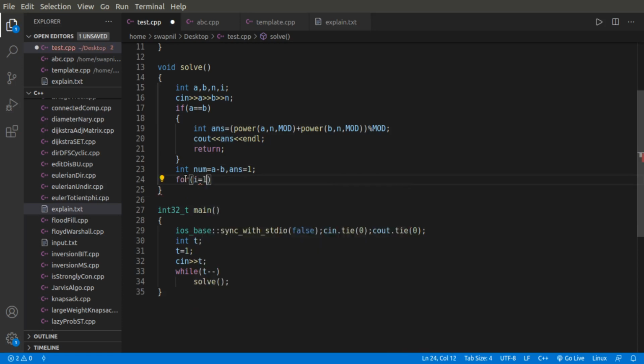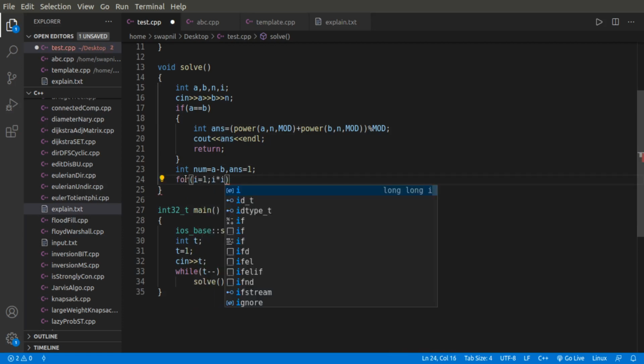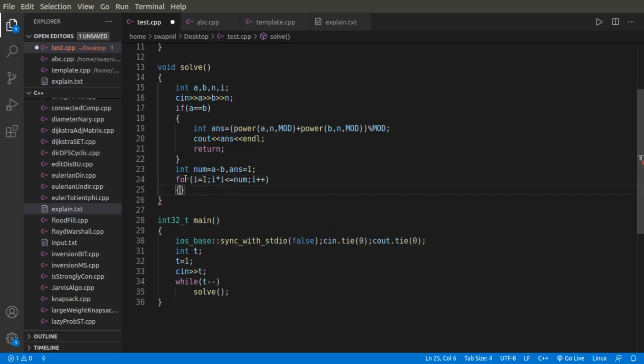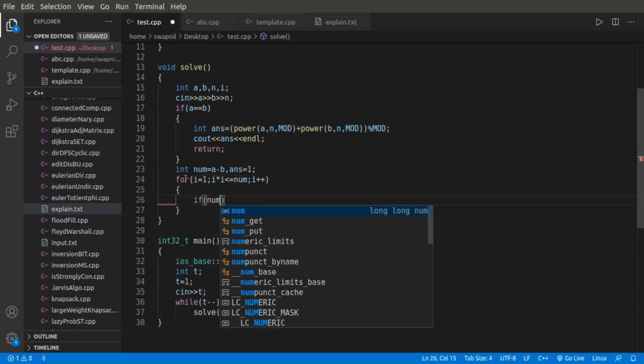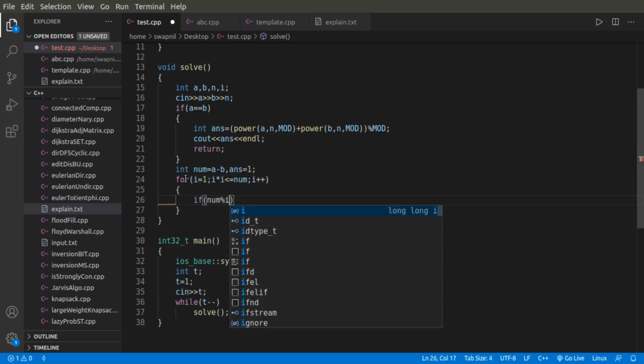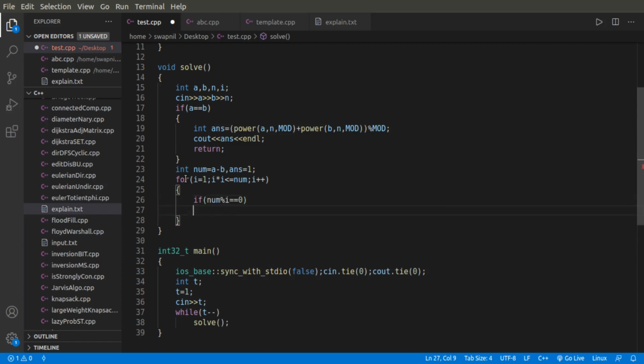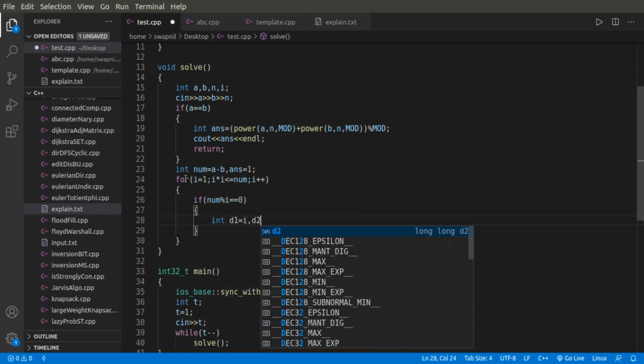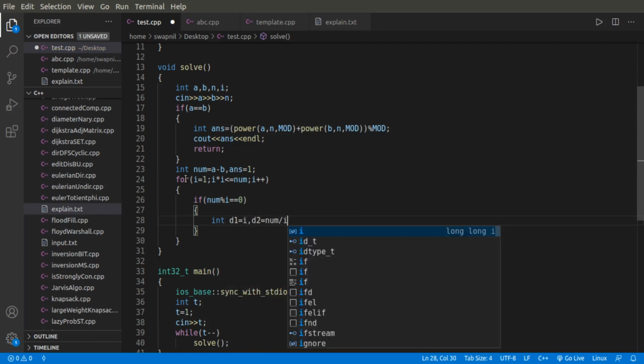And here I will loop through all the divisors of my number num, and if num is divisible by i, then in this particular case I will declare two divisors, which is one i and another is num by i, right?